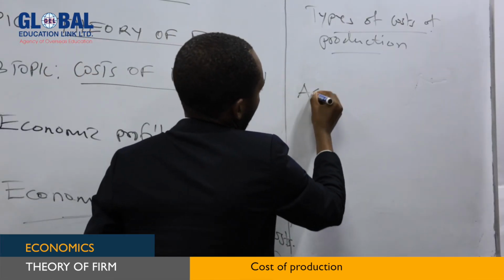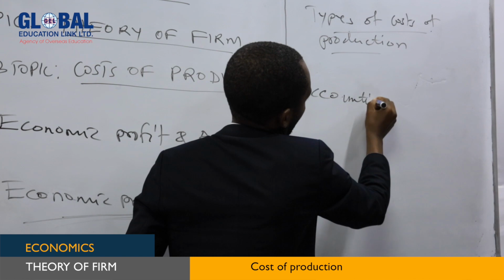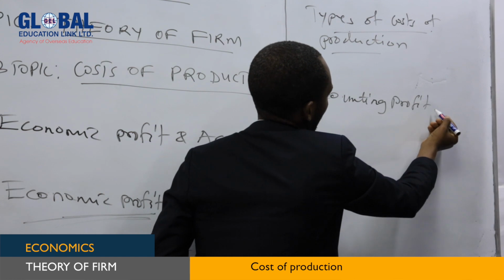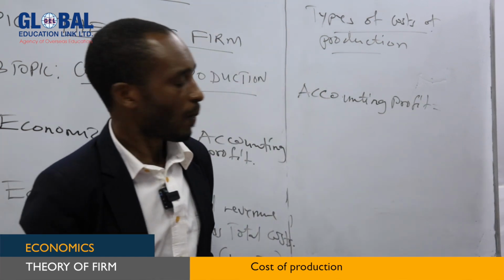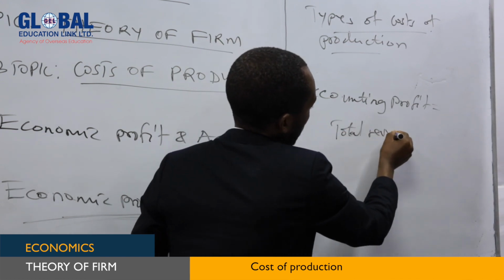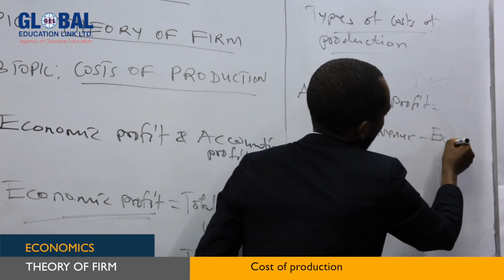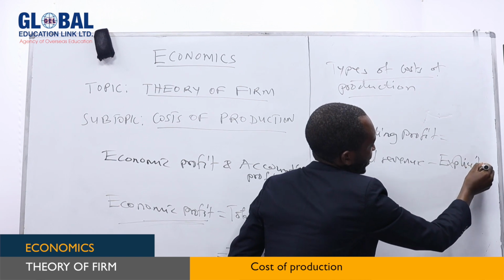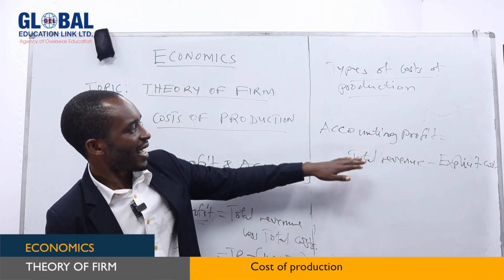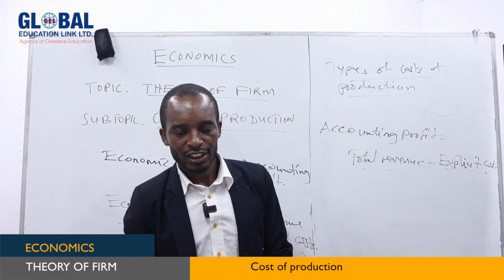Accounting profit will be equal to the total revenue minus explicit costs. So when you are asked to calculate the accounting profit, you take the total revenue minus explicit cost.